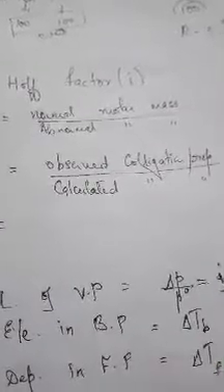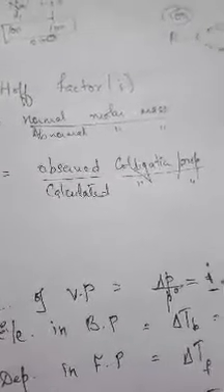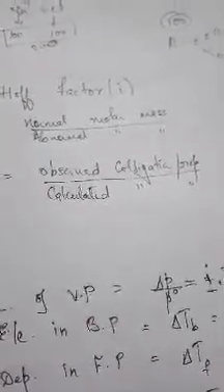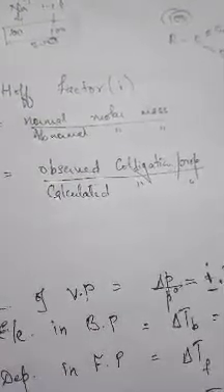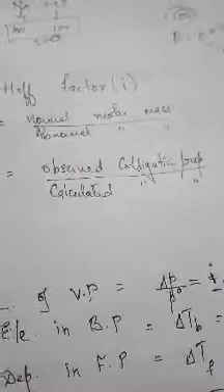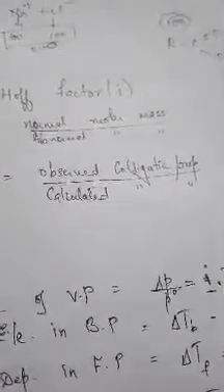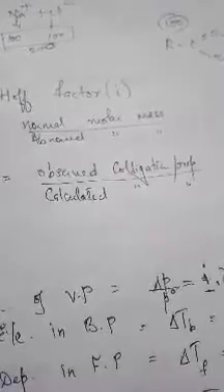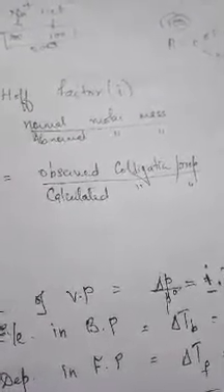Or it is defined as the ratio of observed colligative properties to calculated colligative properties, or the ratio of total number of particles after association or dissociation to the total number of particles before association or dissociation. Okay, so mark it important definition, frequently asked.